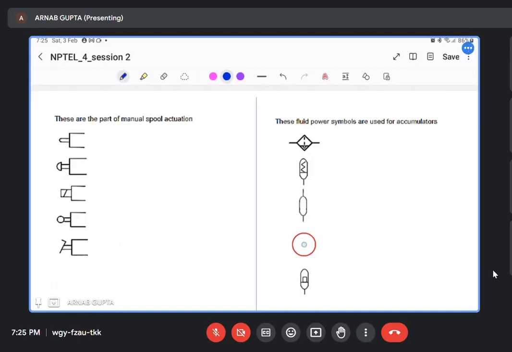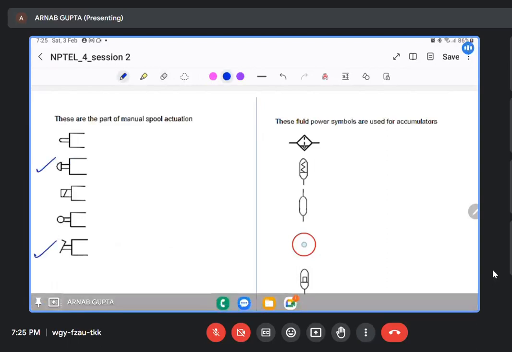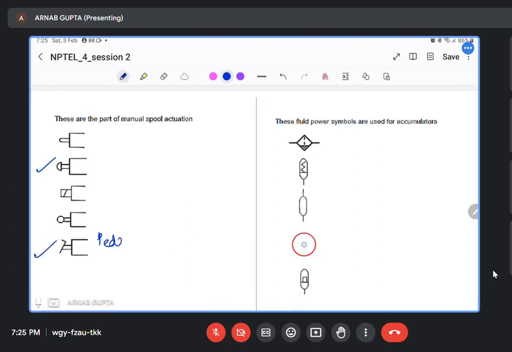Like you can have button type. So this one is manual actuation type because this is a mushroom button, right? So this is correct, and this one also, since this is a pedal type manual spool actuation. This is mushroom button type.